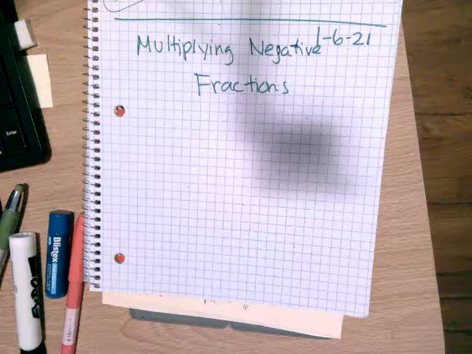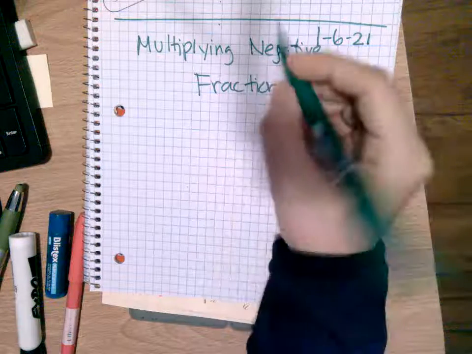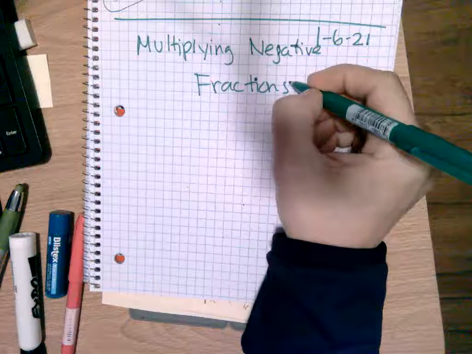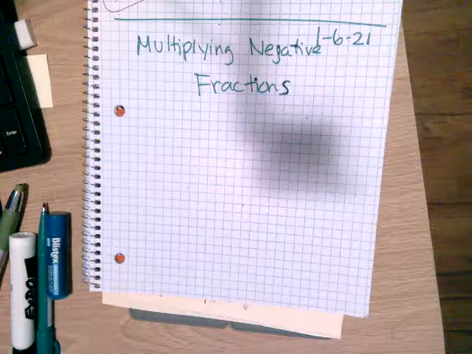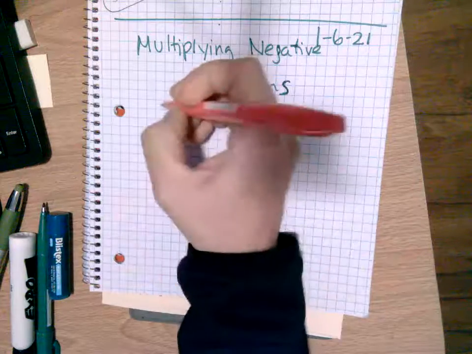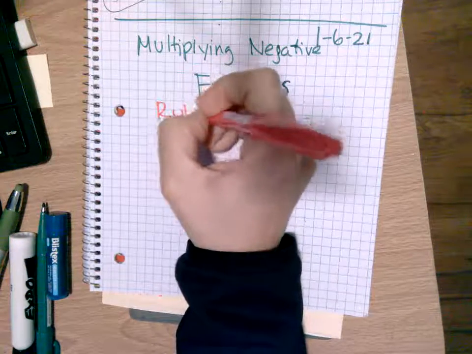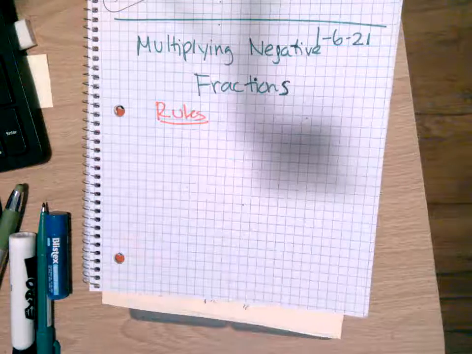It's very similar to what we did on Monday, except today we are going to be dealing with some negative numbers, some negative fractions. Okay, so let's just review the rules for multiplying negative anything.